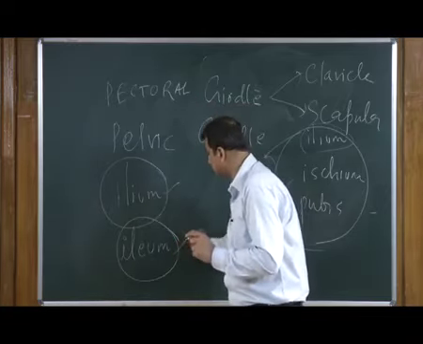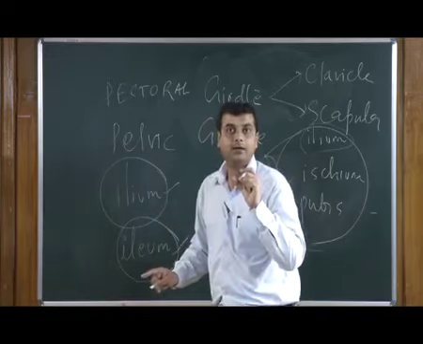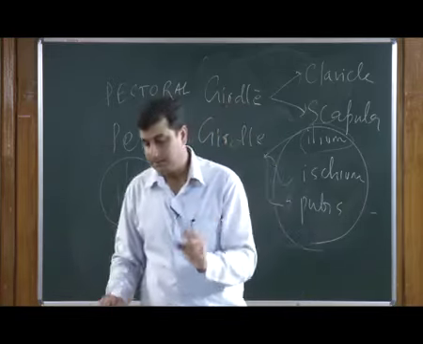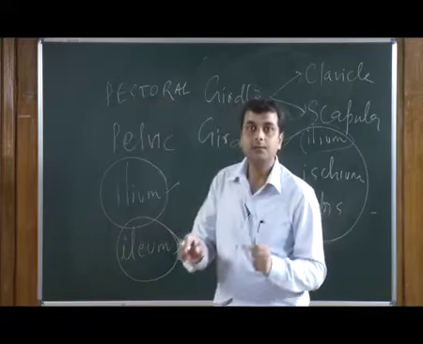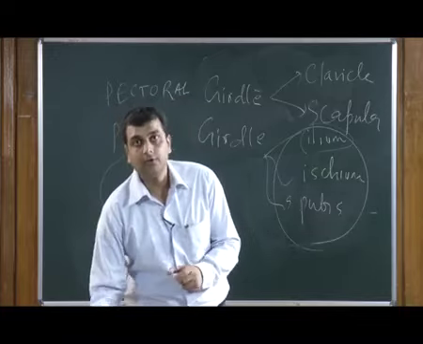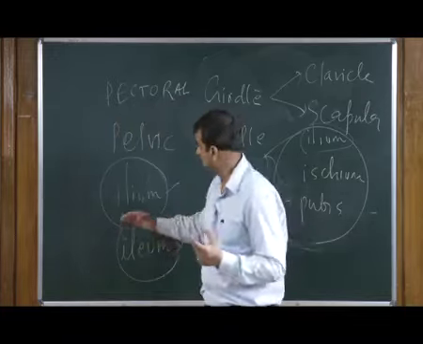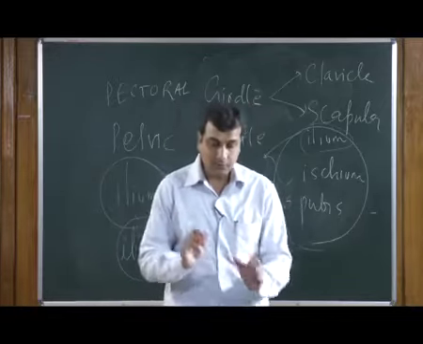So the small intestine part is also called ileum, while with this spelling, ilium is the part of the pelvic girdle. So just keep these two names in your mind, not to confuse, because they are very similar, the pronunciation is also similar, so one has to take care of these two forms.